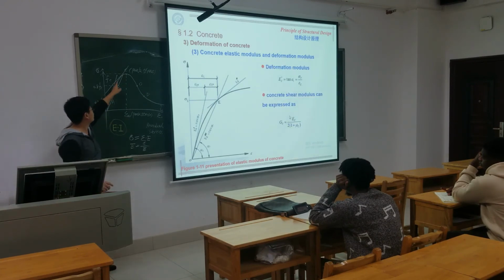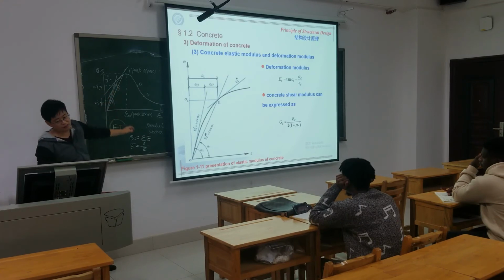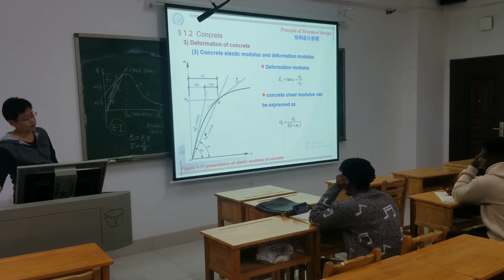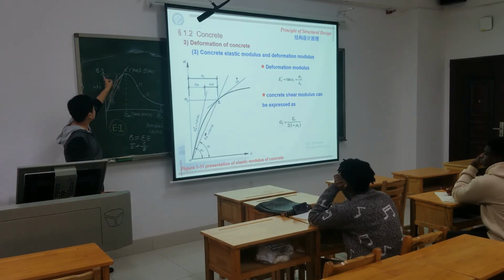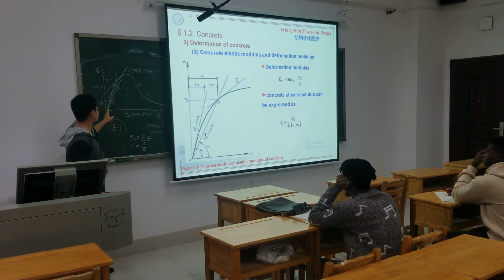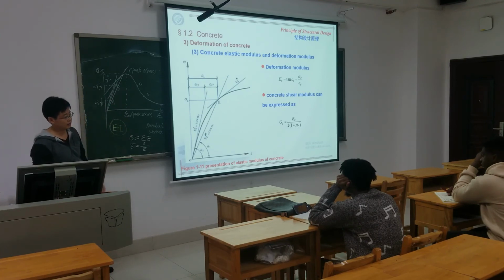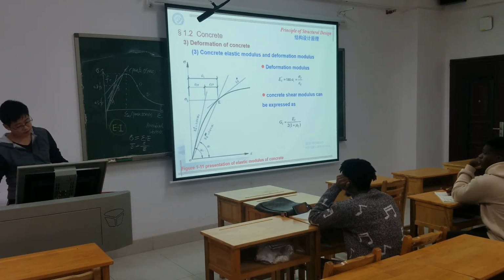If you draw a straight line from this point to the original point, you get this straight line and its slope. This is another method, the deformation modulus. Because at this point, this is the force and this is the deformation, this slope reflects the deformation modulus. So different methods give different values.